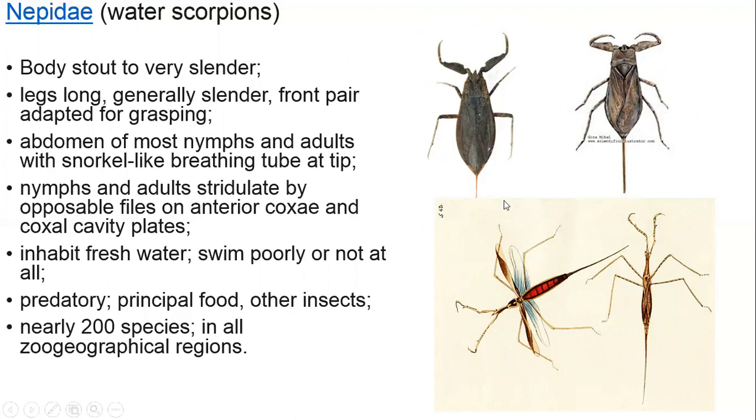Ranatra, Nepa cinerea, and Laccotrephes are examples of the family.